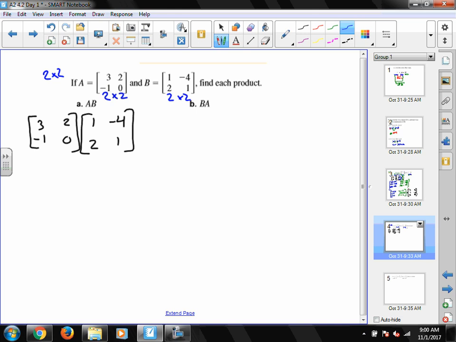So again, I'm going to take this whole column here. I'm going to put it up top, 1, 2, and I multiply. I get 3 times 1 and negative 1 times 1. Then I'm going to add on 2 times 2 and 0 times 2.